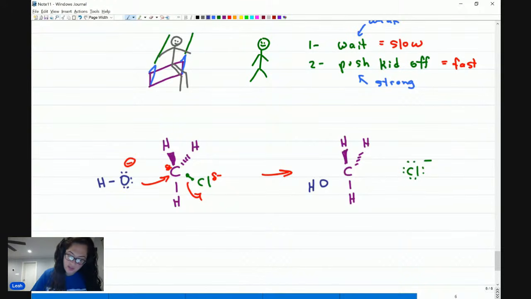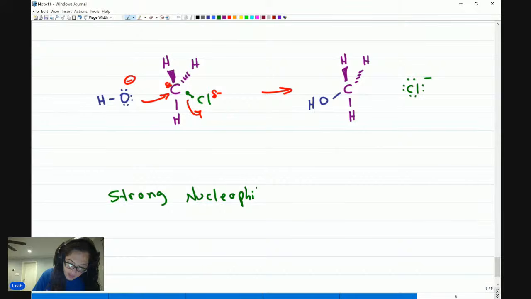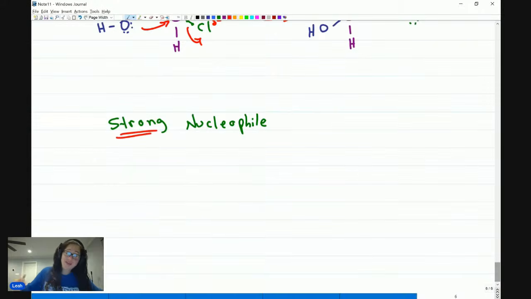So a couple of things that just happened. Let's talk about one step at a time to make sure that you're with me. I said strong. What makes OH minus a strong nucleophile? We already know that nucleophile is nucleus loving. That is something negative or partially negative. What makes it strong is what makes anything reactive in organic chemistry.